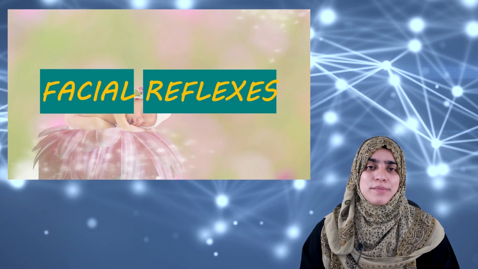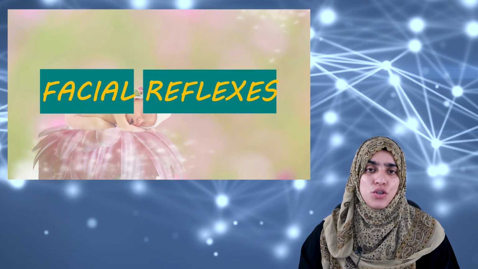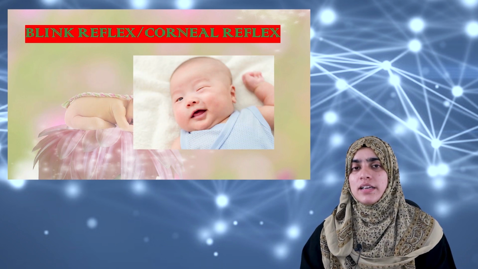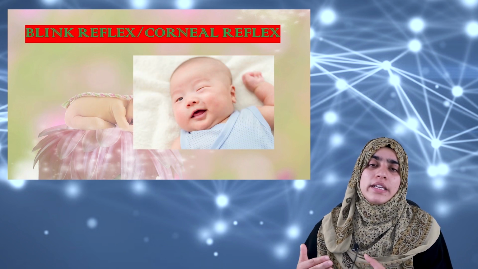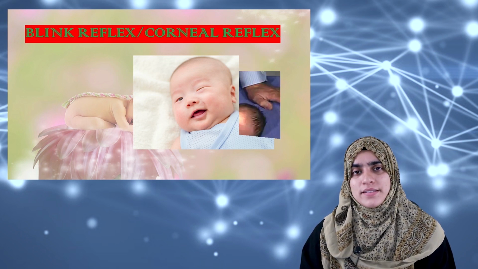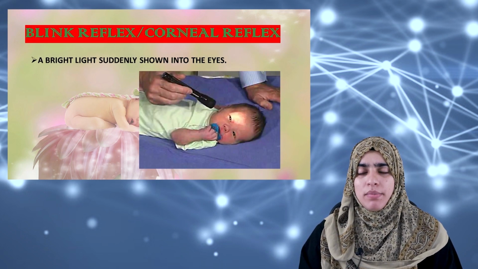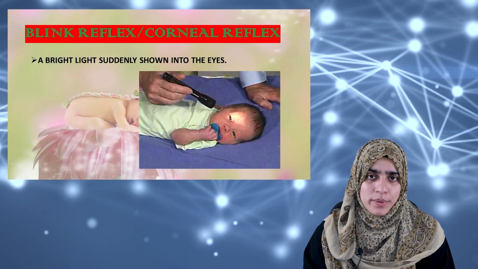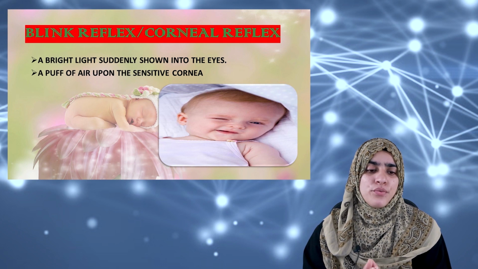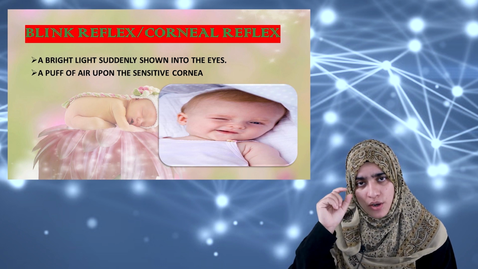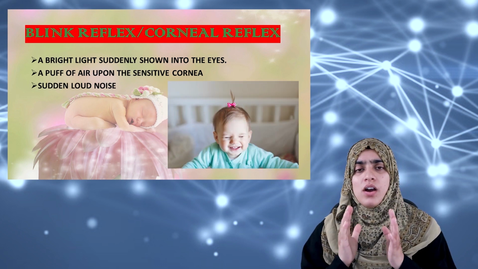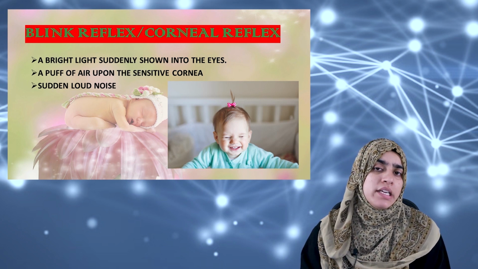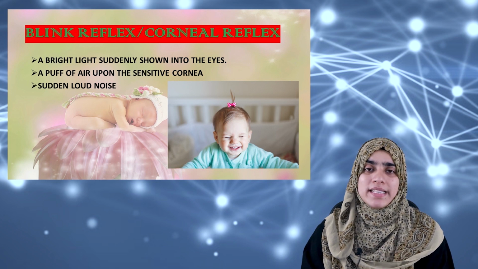Now we'll talk about some of the facial reflexes which are seen in infants. The first is the blink reflex, or you can call it the corneal reflex. You will see this reflex when a bright light suddenly shines into the eyes of a baby, a puff of air is directed at the sensitive area of the eye, that is the cornea, or a sudden loud noise is made; these will produce immediate blinking of the baby's eyes.